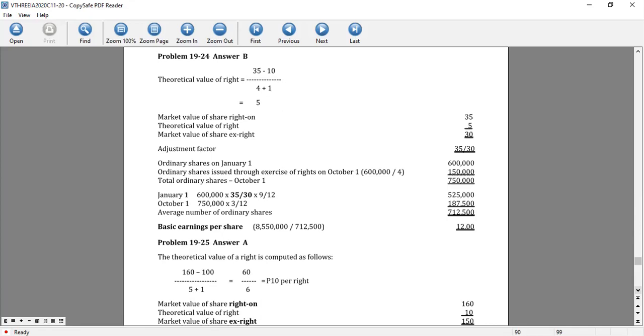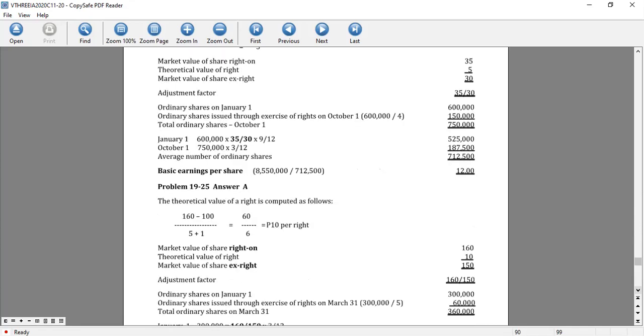So the basic earnings per share is 8,550,000 divided by 712,500, your adjusted number of shares. So we have now the amount of 12.